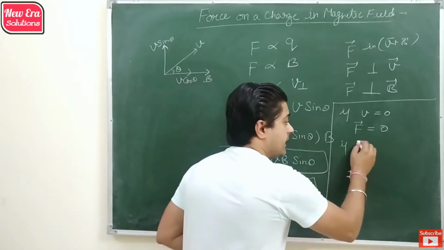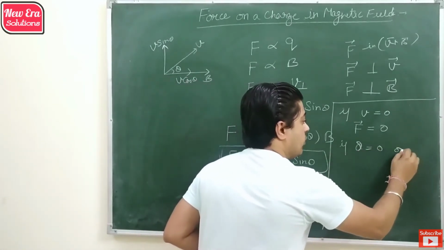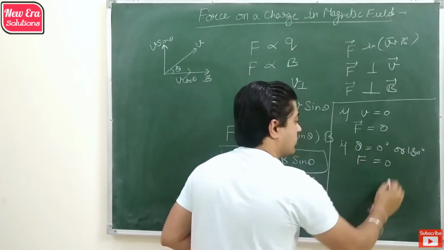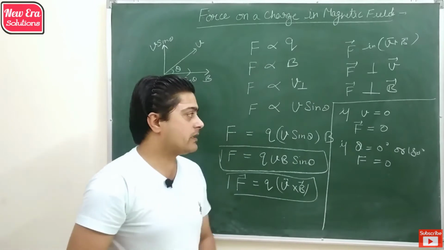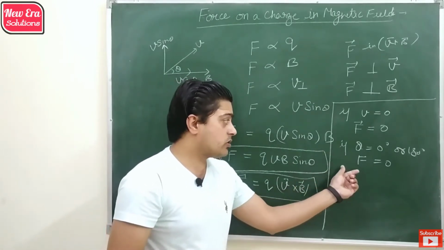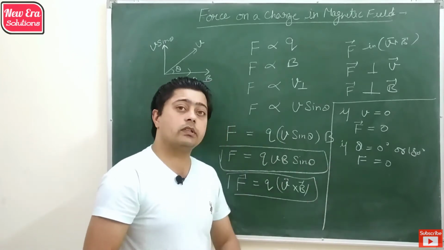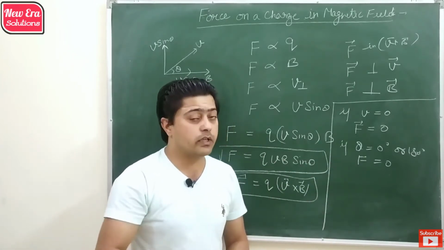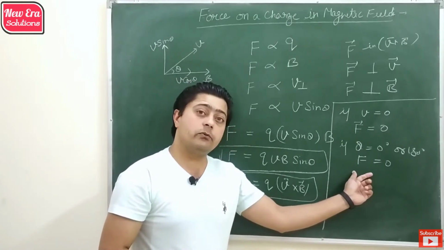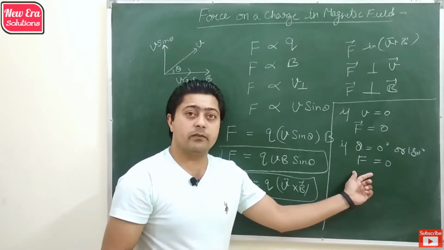Second, if theta is equal to 0 or 180 degrees, then again the force is equal to 0, because sin 0 and sin 180 are also 0. So if a charge moves along the direction of the magnetic field or in the opposite direction, it will not experience any force by the magnetic field.